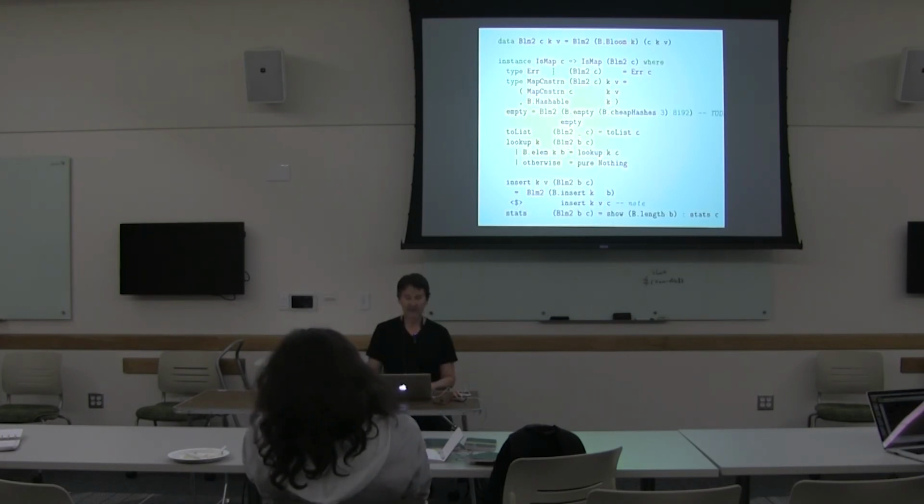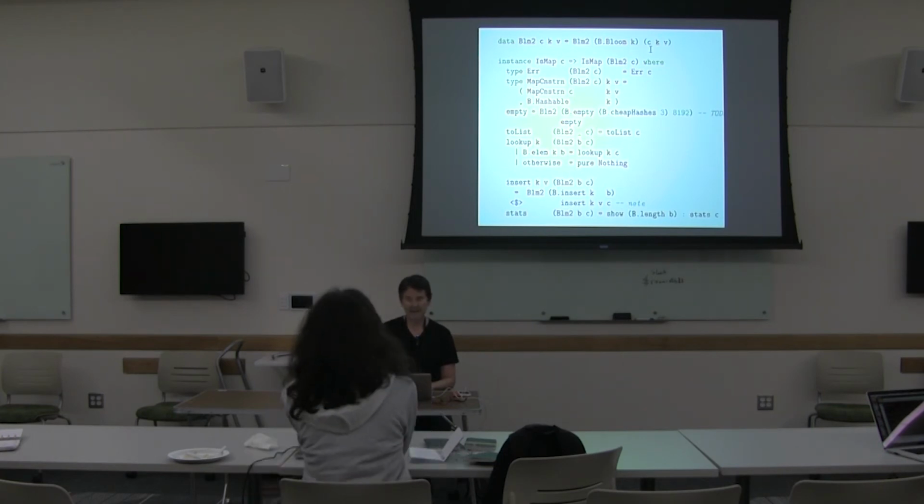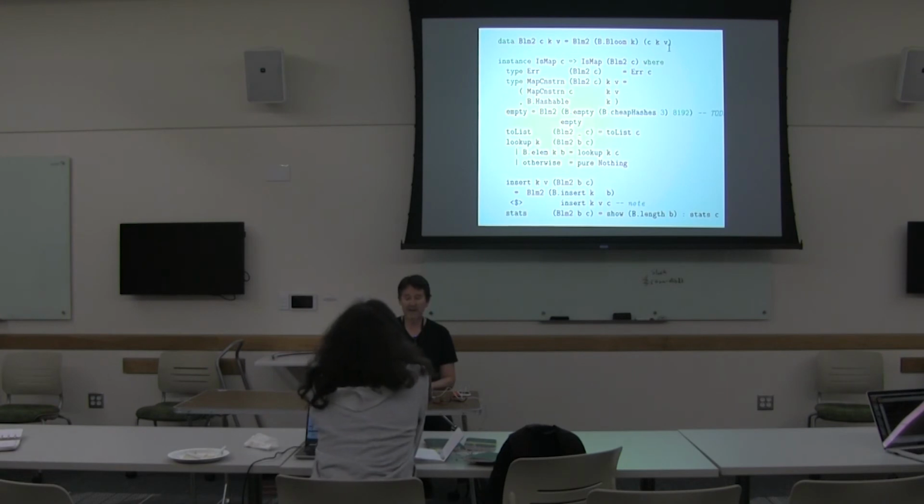Now I'm calling it a Bloom2, and this looks the same. Before it said there was a bloom of keys of type K. Before, remember, this said it was a map of KV. Now I'm saying it's a C of KV. C is that type to type to type.